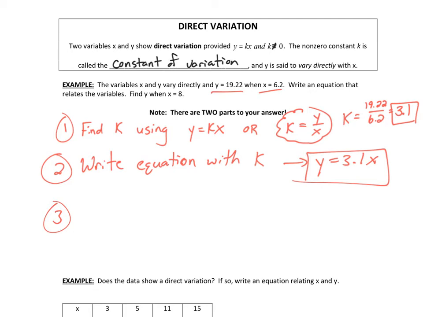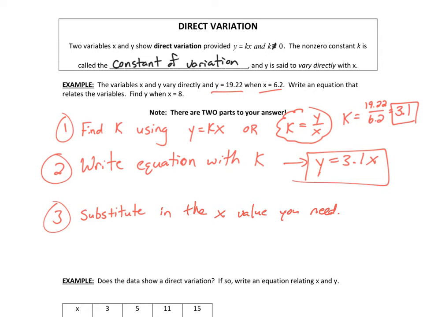And then the last step is plug in the new values. Instead of saying plug in, I'm going to say substitute in the x value you need.